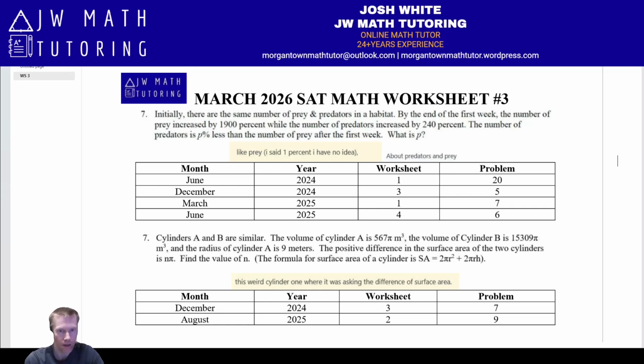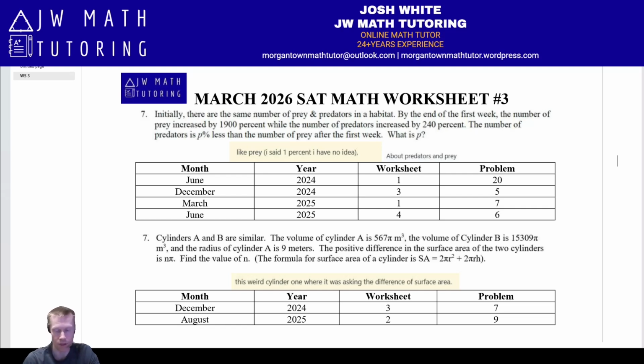All right, the next one, second question overall. Basically, there's two cylinders. You're told that they are similar. You're given most likely the volume of each of them, and then you're also given some other piece of information about one of them, either the radius or the height. And essentially, you use all that information to find the surface area of both the cylinders, and then it could ask for the difference between them.